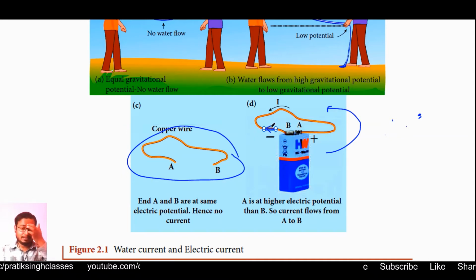That means they will drift in a particular direction, flow all around the wire, and come back to the positive terminal of the battery. So the charges are moving in a particular direction, hence there is a net movement of charges, and because of that it creates current.